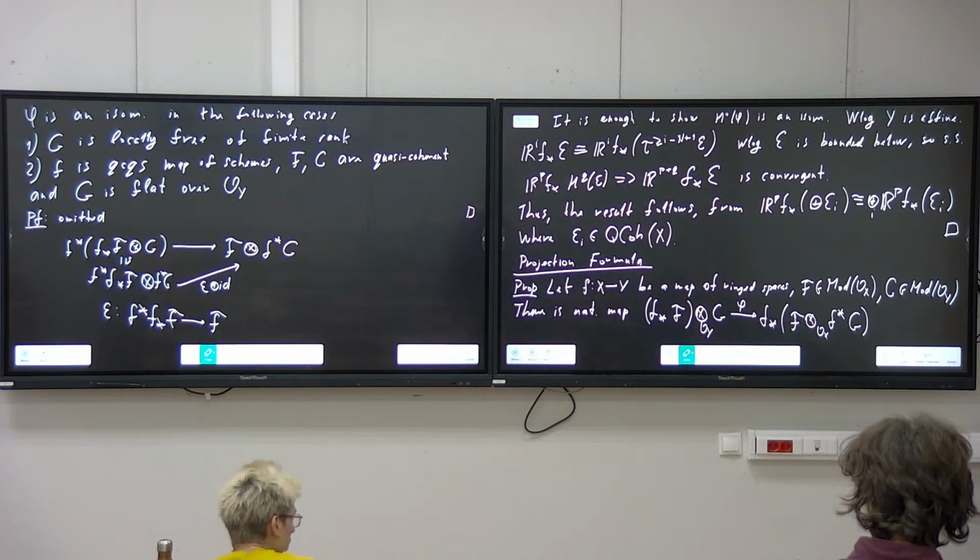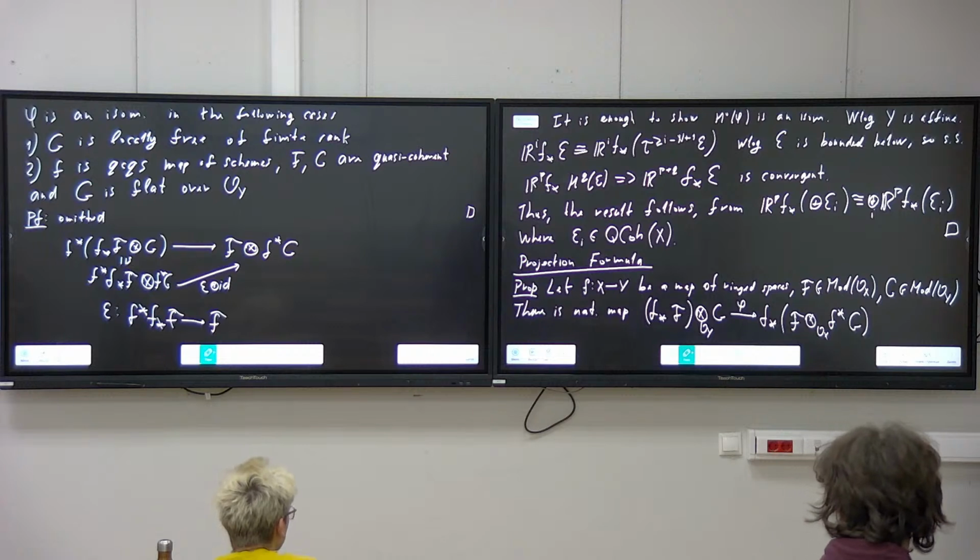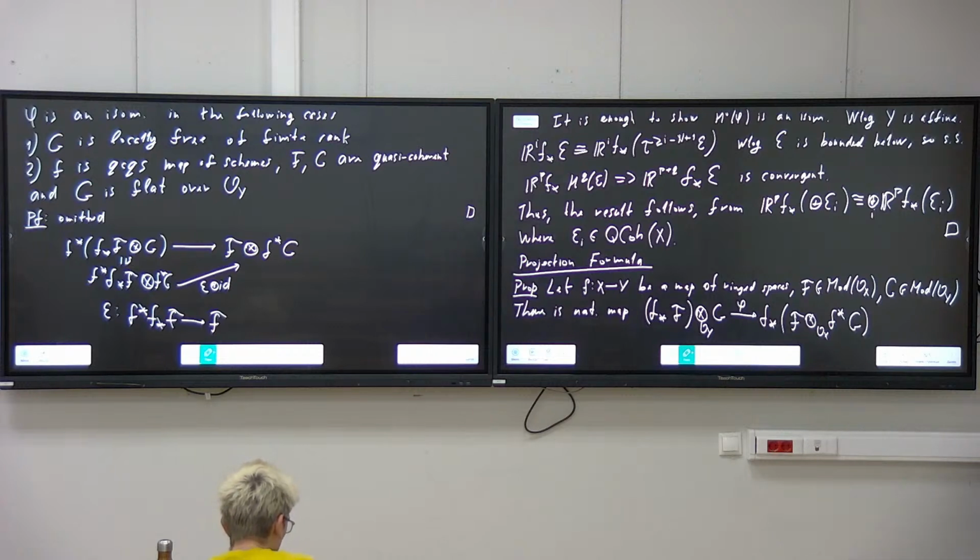Суть в том, что RF композиция с RG равно R(F композиция с G), только если G переводит К-инъективный объект в К-инъективный.